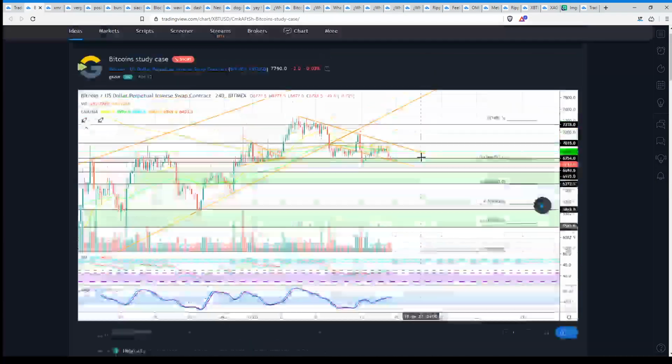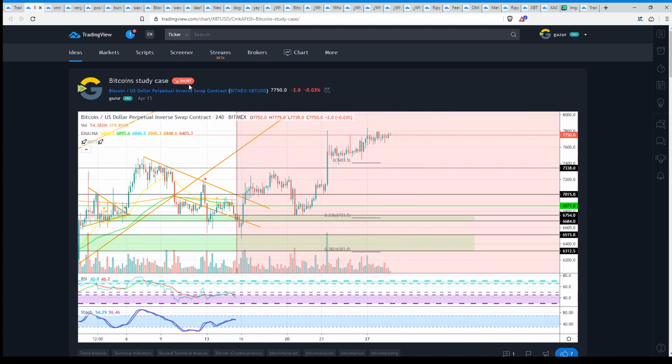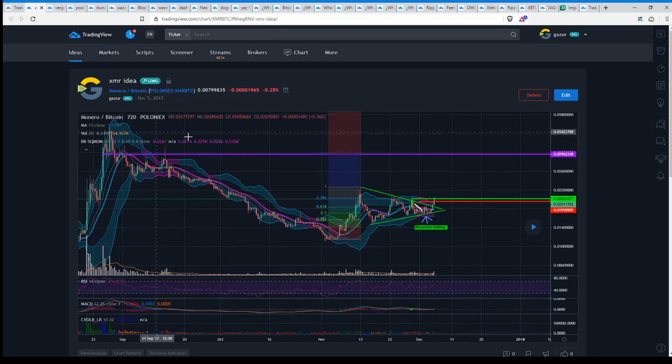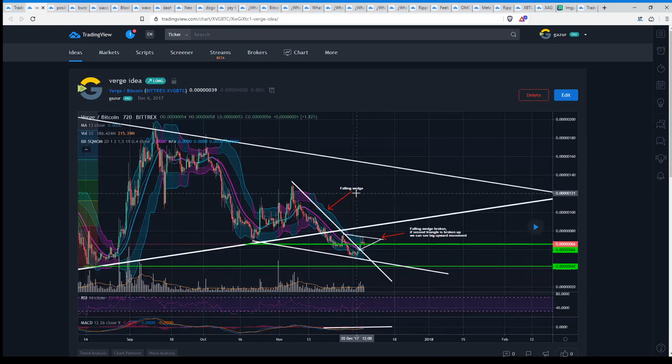I chose randomly, so let's see what we have here. A Bitcoin short gone wrong. No, it went to my supply zone. Okay, Monero Bitcoin. This is during the bull run, so it probably played out, of course. Verge is one of my biggest wins. I included this one on purpose.